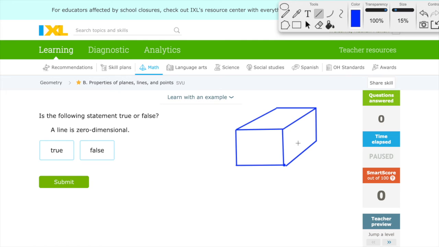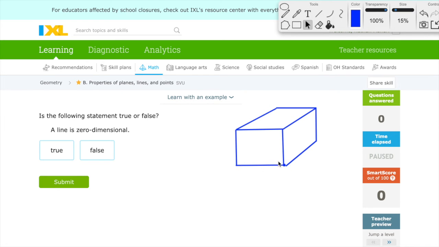And I think 3D and 2D are probably easier to grasp than 1 or 0. So to recap real quick, a point like this right here where we started is 0 dimensions. There's no height, there's no length, there's no depth to it. If we went just across or just up, we're adding a dimension.